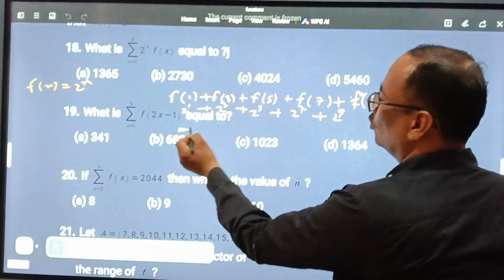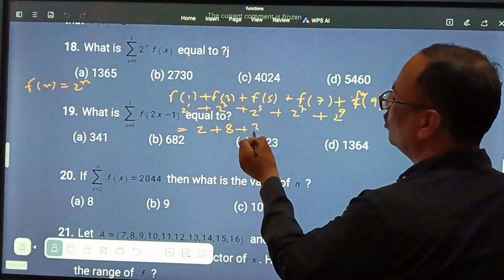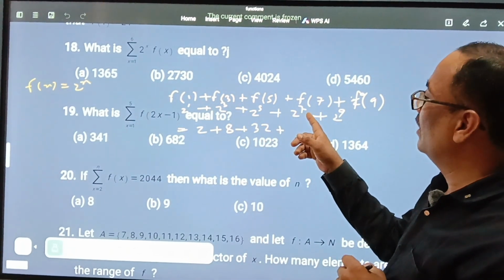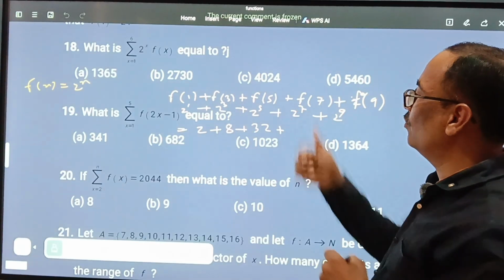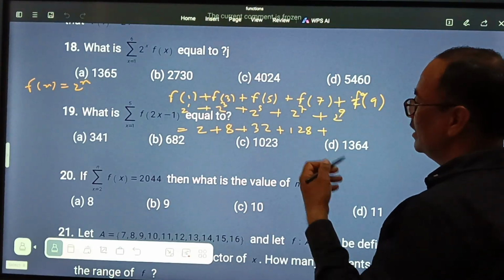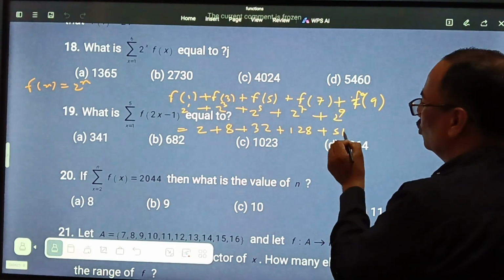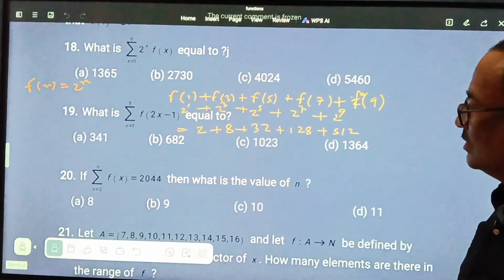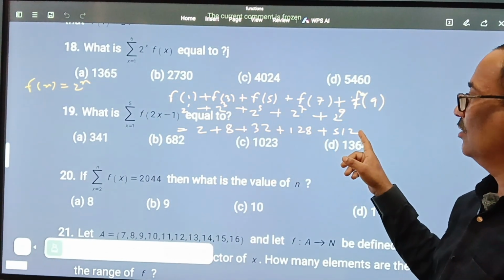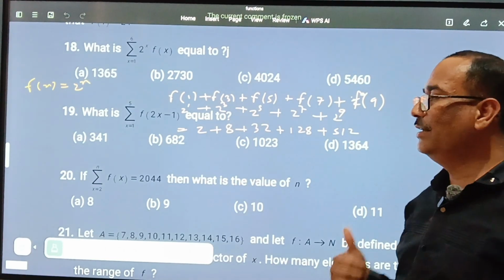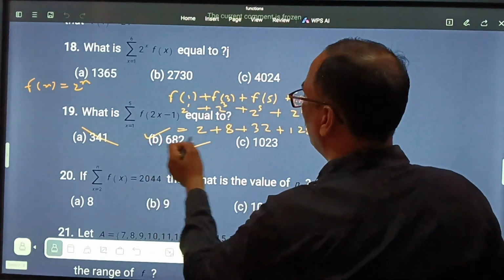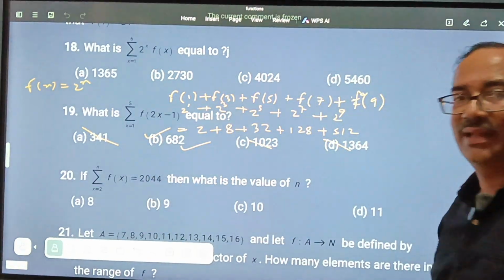So this is equal to 2 plus 8 plus 32 plus 128 plus 512. Now add the numbers. This is 10, 10, 10, 20, 22, that is unit digit is 2. So our answer is option B, not this one and this one.